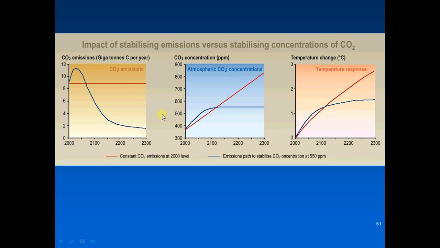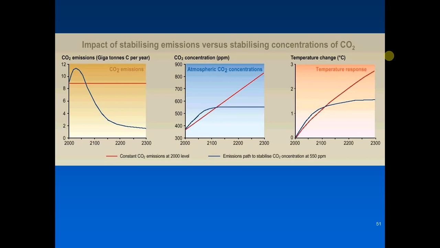Well, what would happen to CO2 concentration if we did that? It would keep going up. It would reach about 500 parts per million by 2100, and it would continue going up into the future. And because the CO2 concentration goes up linearly, temperatures would also increase over time, close to linear as well.